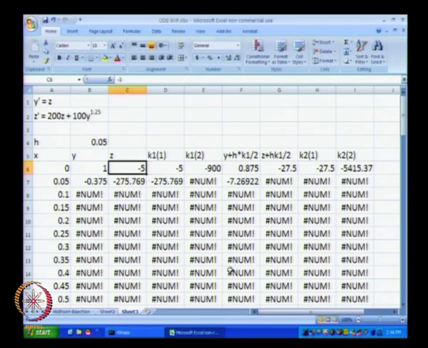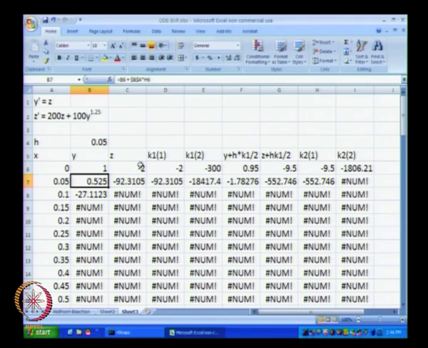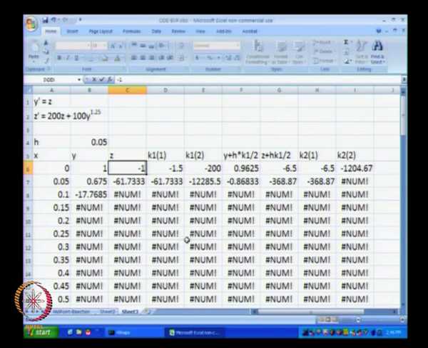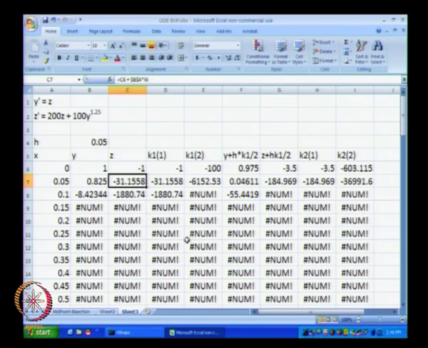Okay, minus 5 also does not work because this value immediately has got a negative. Let us say minus 2, how it works. Minus 2, well, this value sounds reasonable, but this value has immediately gone negative. Again minus 2 is not working, so let us try minus 1.5. Again we have the same type of problem. Let us try minus 1. Again we have a problem after the second iteration.